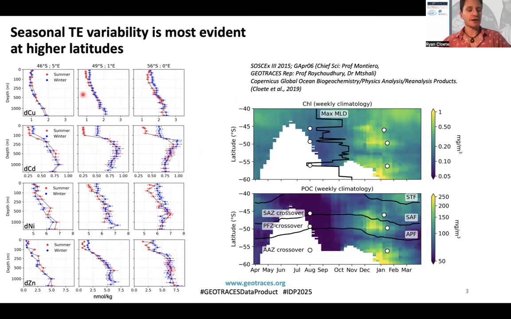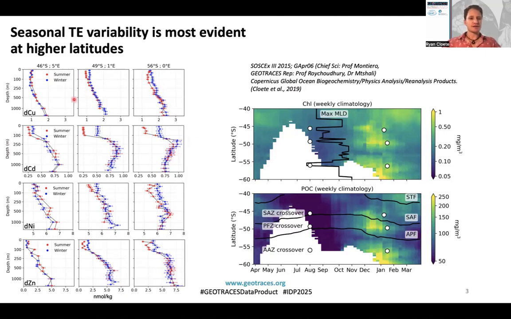Over here, I'm showing some results from some crossover stations that we did in 2015 as part of the Sussex cruise. The top panels are copper, then cadmium, nickel, and zinc. And I'm showing these crossover stations from the subantarctic zone, polar frontal zone in the middle, and finally the Antarctic zone.